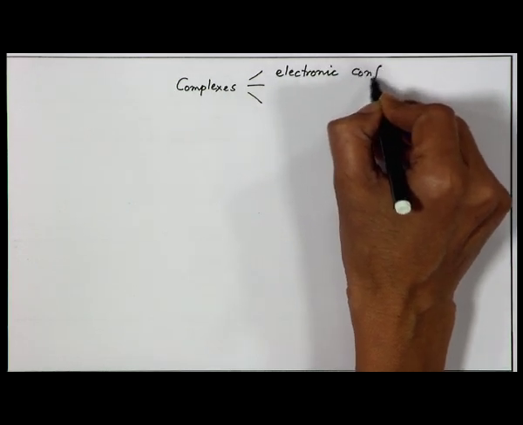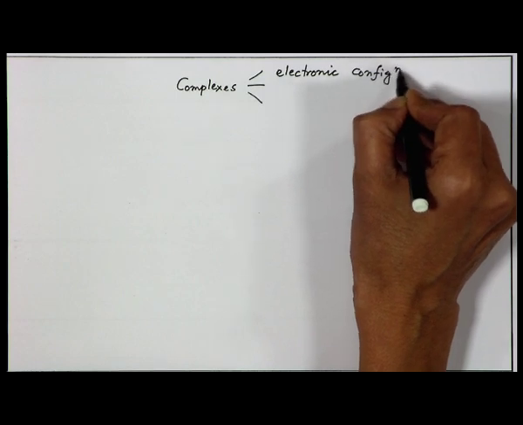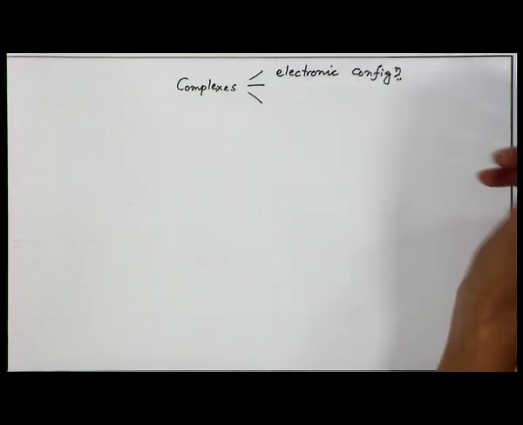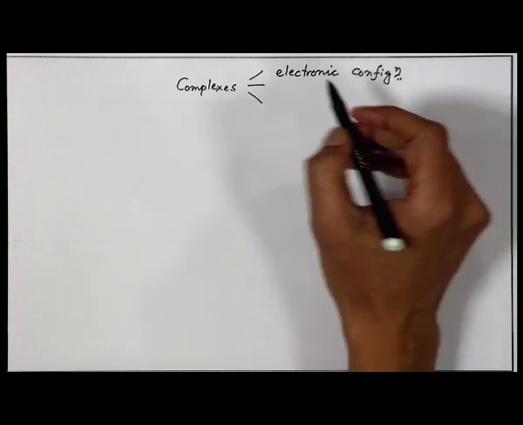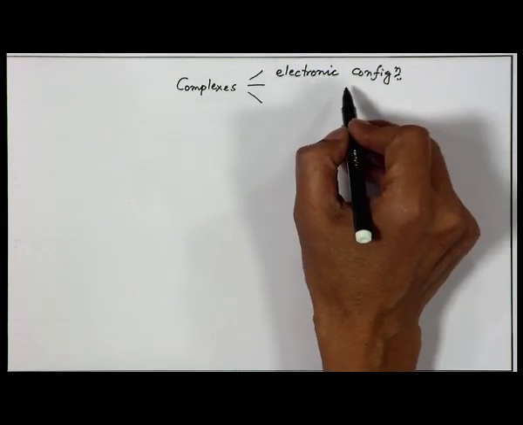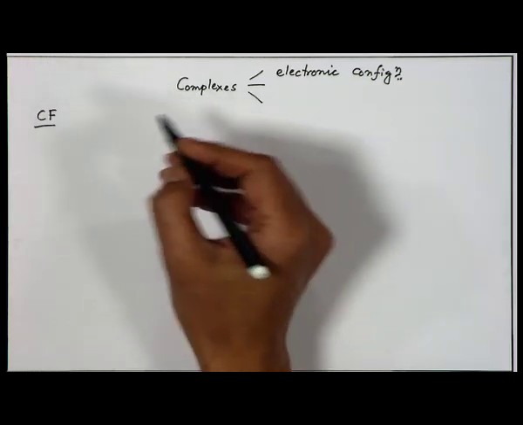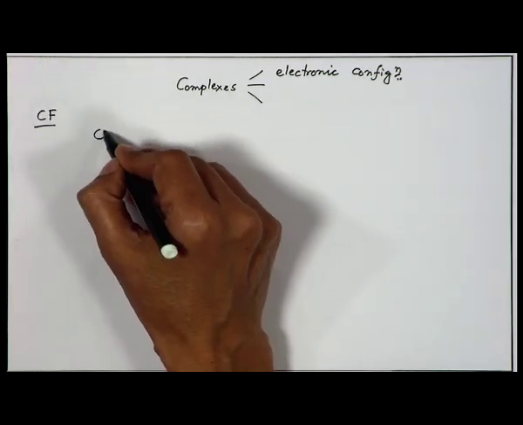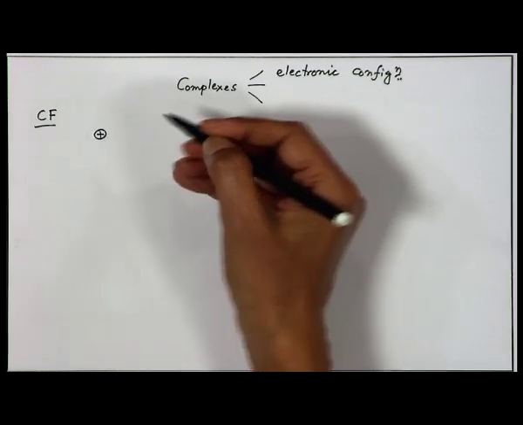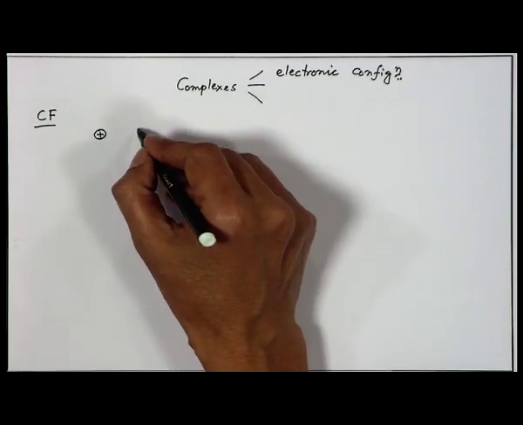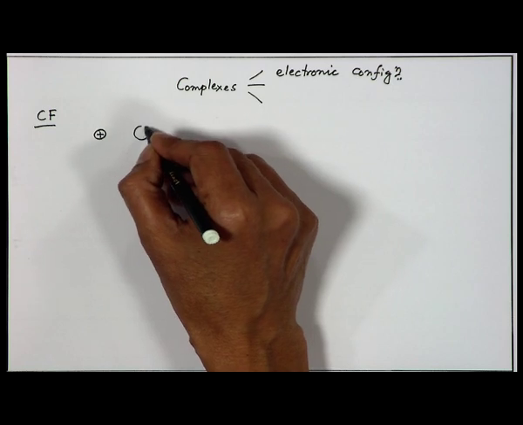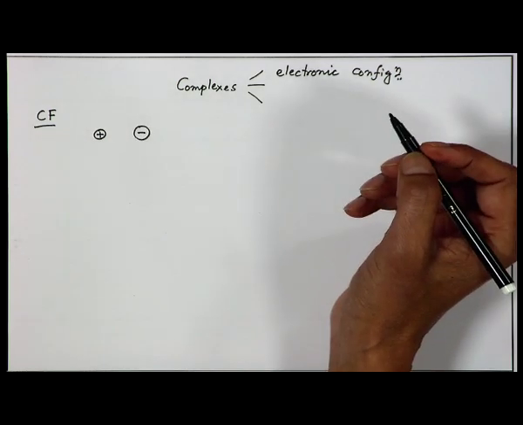So, we all know how we can have the corresponding electronic configuration, and the changed electronic configuration in, say, crystal field, where we see that a metal ion is considered as a positively charged point center and the ligand is a slightly bigger negatively charged species.